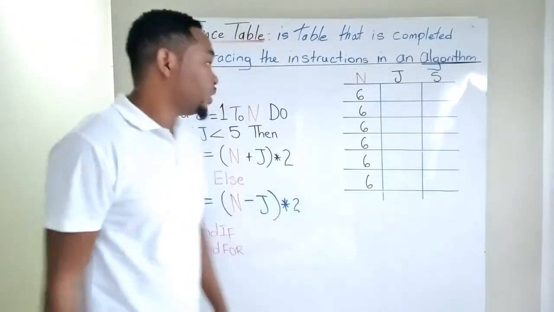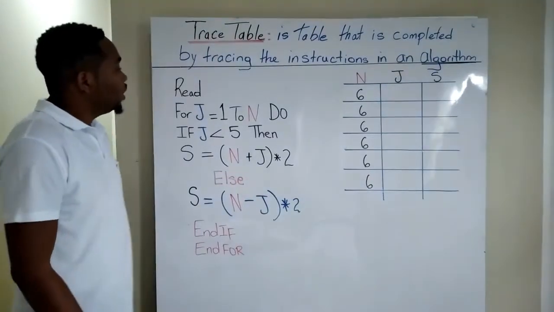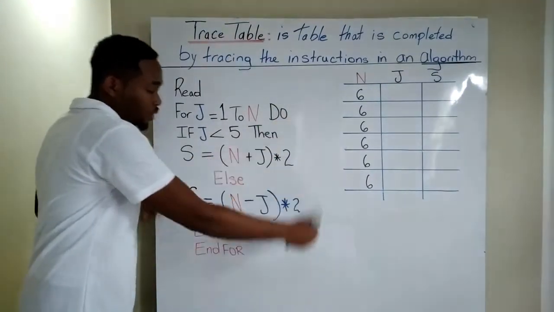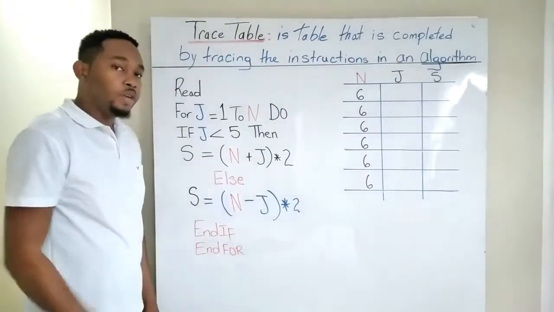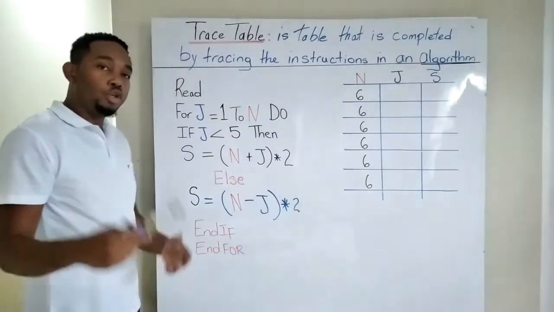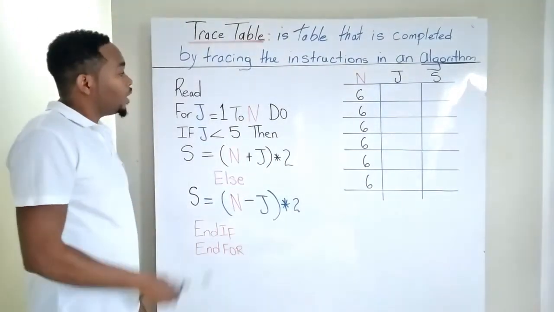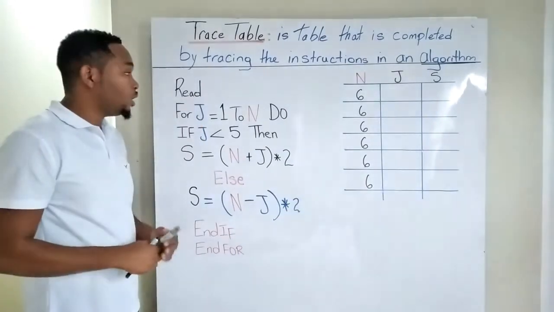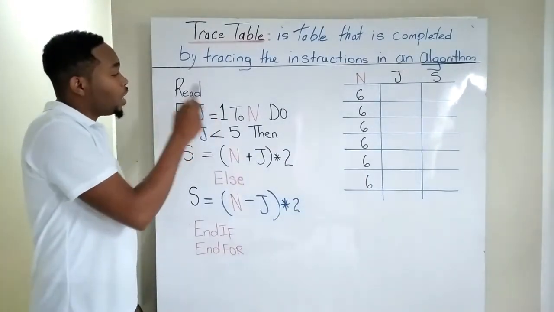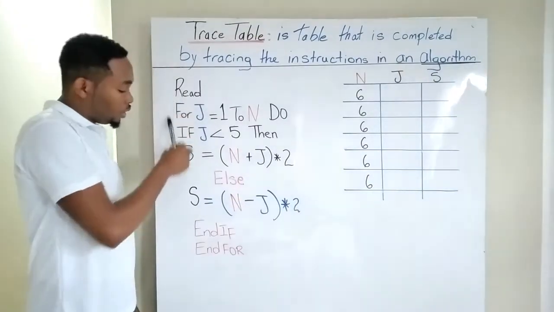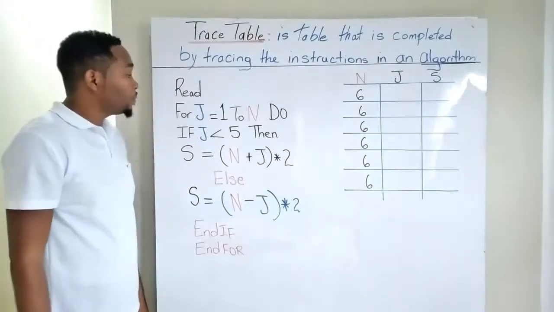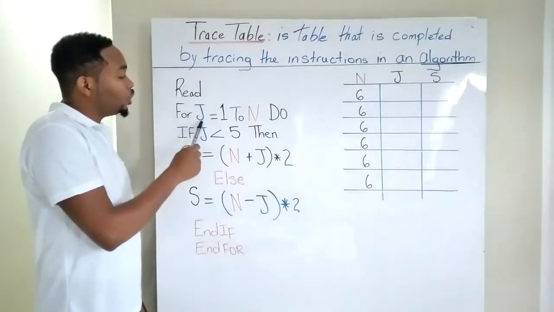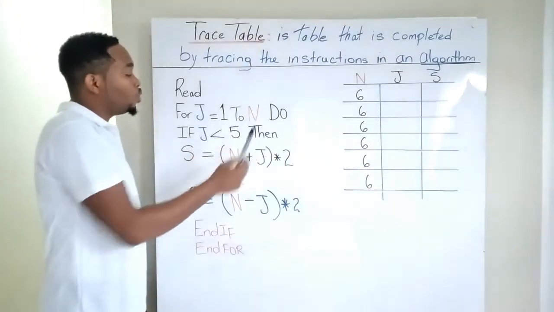So watch this. This is our short algorithm, and I'm going to run through a few basics. We know that read represents our input stage. Then we follow this entry: for j equal 1 to n.